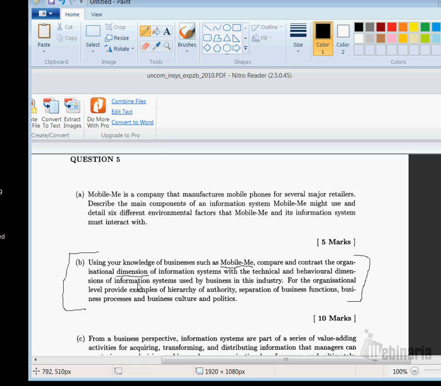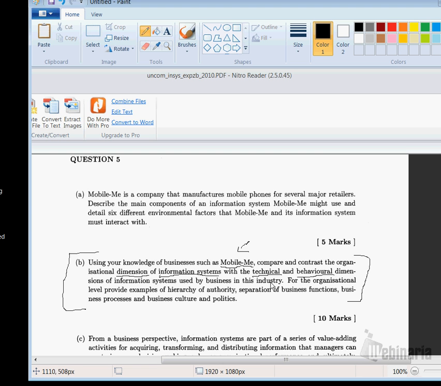We know that an information system has 3 dimensions, and we're asked to compare and contrast the organizational dimension with the technical and behavioral dimension. Okay, so we read about the fictitious company, MobileMe, and then we talk about the 3 dimensions: the technical, the behavioral, and the organizational dimension.